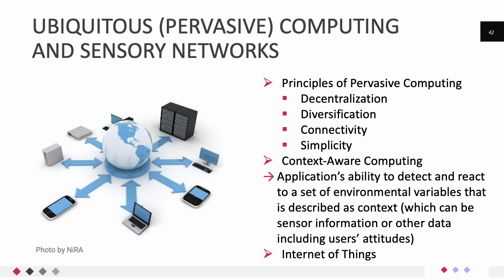Okay, now let's dive a bit deeper into the idea of computers being everywhere, which we call pervasive computing. This is not just about one big computer, it's about many small smart devices working together based on a few key principles. First, the system is decentralized, meaning that there's no single boss computer. Many devices share the work.